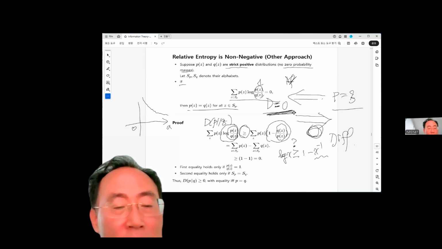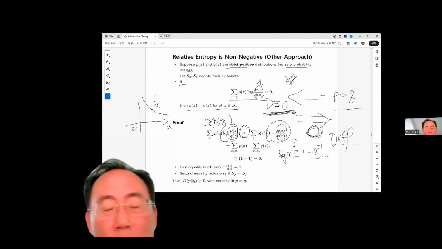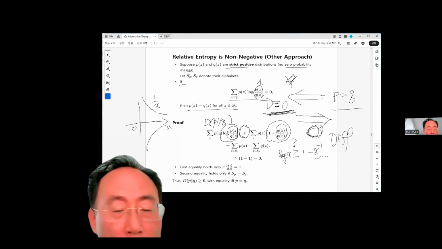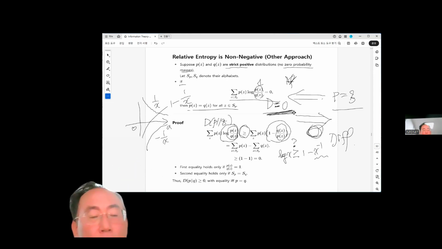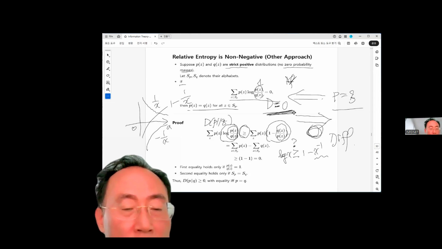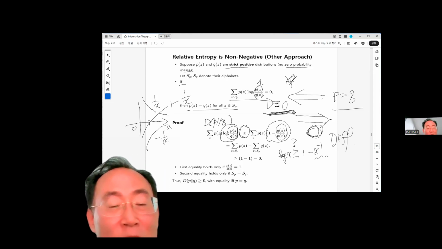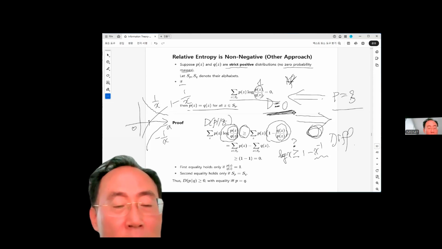The 1 over x graph is this, right? And then minus, so minus is this. Shift this up by 1. So that's 1 minus 1 over x. Where is this crossing? When x is equal to 1, 1 minus 1 over 1 is 1 minus 1, so that should be equal to 0. So here is 1.